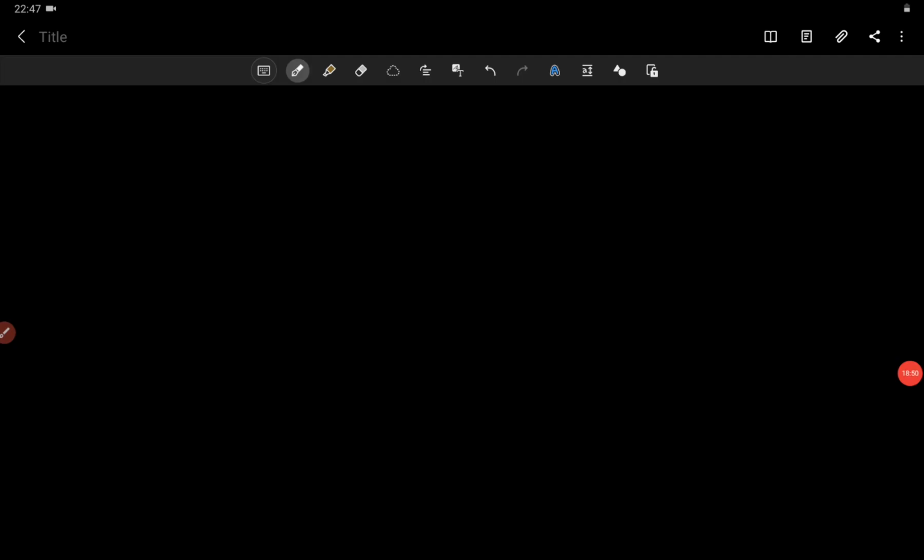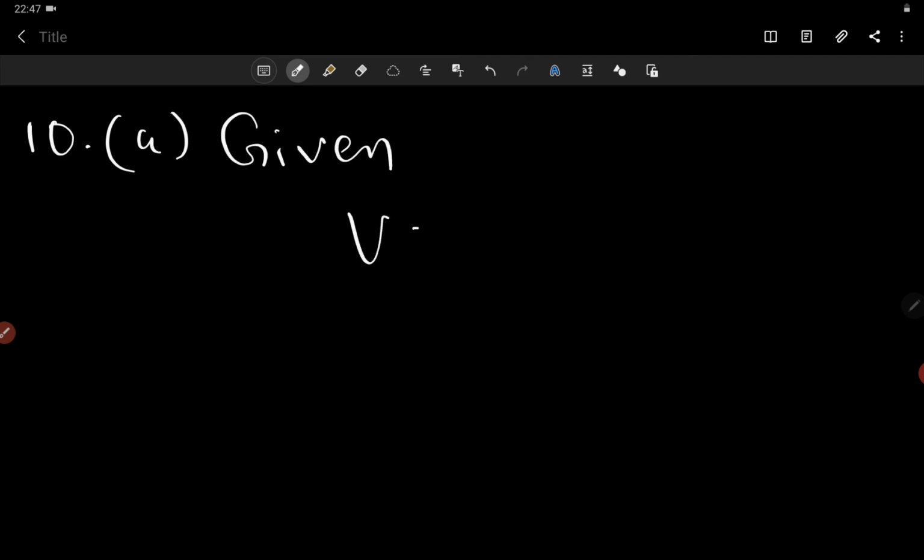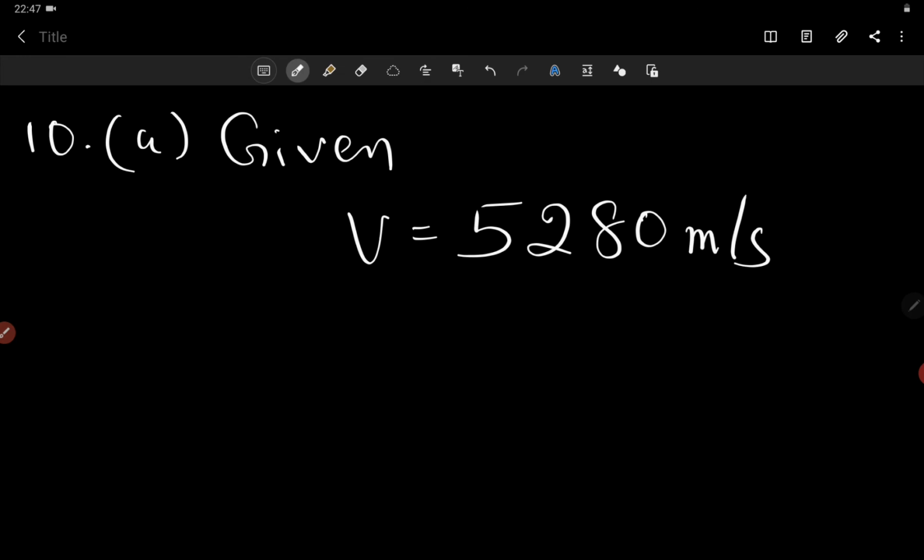Coming to the solution of number 10, A. For A it is the iron rail. So the given speed of the sound is 5280 meter per second, and the distance of that iron rail is 3.3 kilometer.